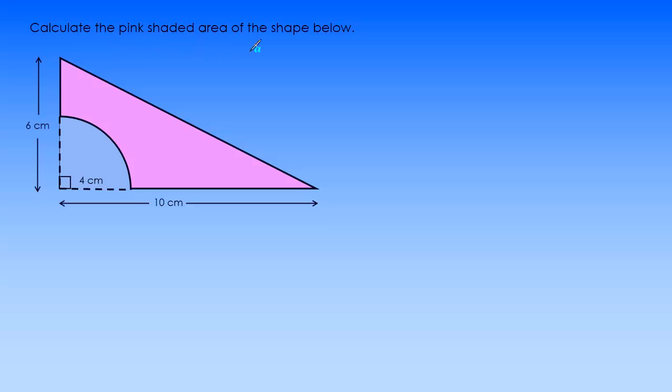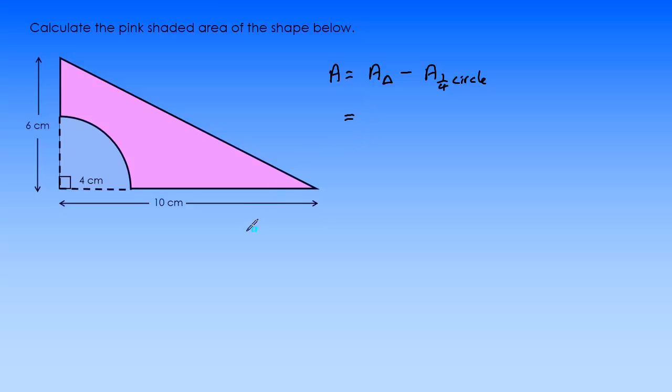Calculate the pink shaded area of the shape below. So it appears that we have a triangle, a right angle triangle, with a quarter circle cut out. So the area we want is going to be the area of the triangle take away the area of the quarter circle.